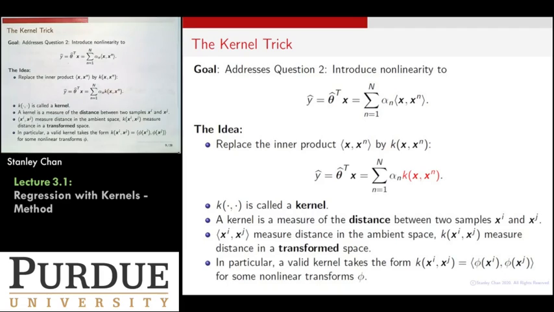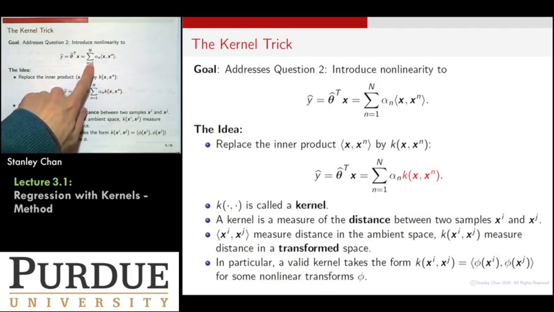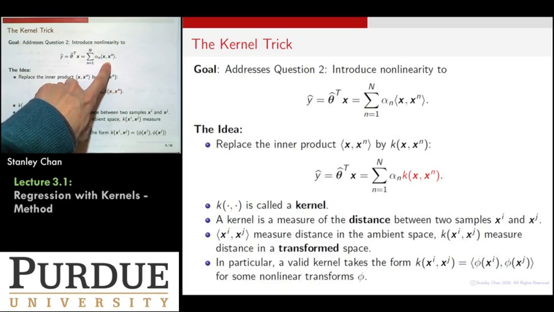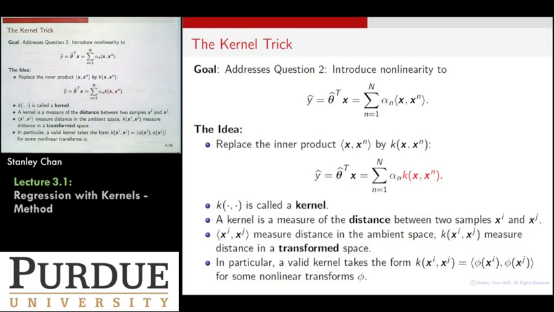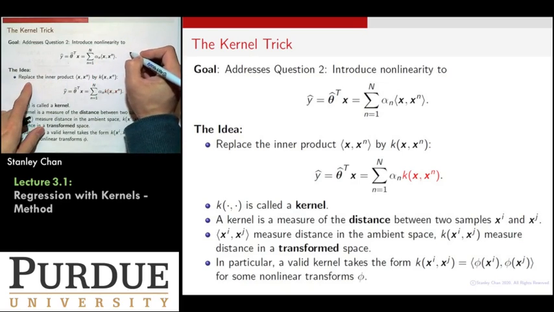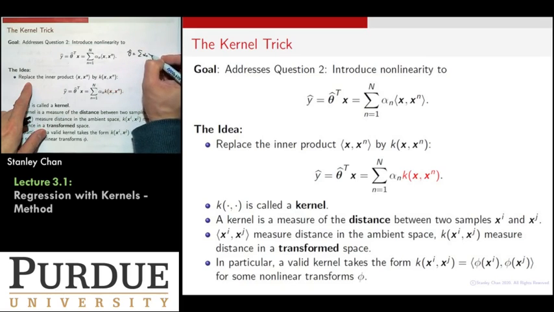We saw in the previous slide that if you want to get a predictor value, you just take the transpose of your theta hat times your new data point x. Then you can form this linear combination, which is the combination of all these inner products. If you're struggling with how to get this inner product, you realize that theta hat is nothing but the summation of alpha n xn.